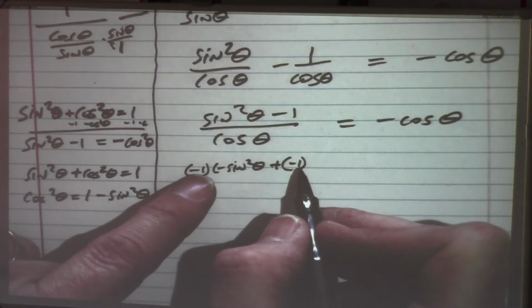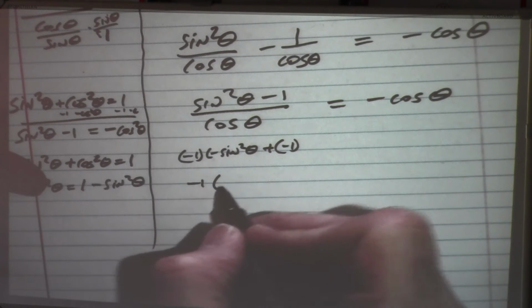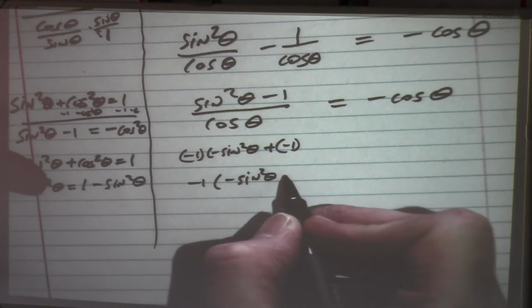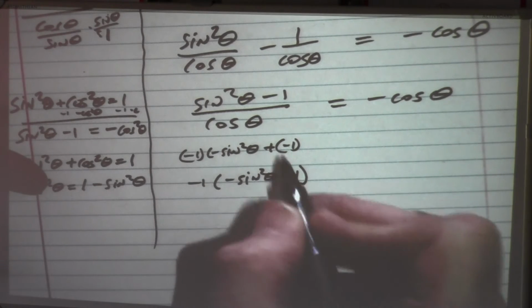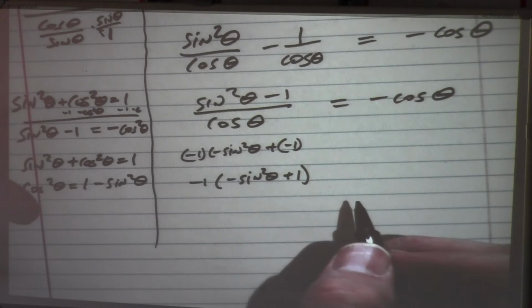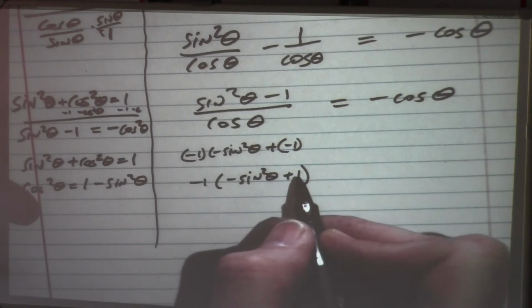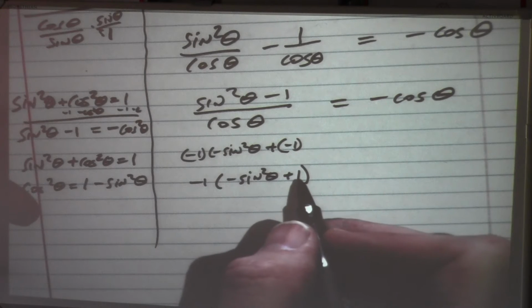But I now have a common factor of negative 1. So I'm going to take that out. And that gives me negative sine squared theta plus 1, because we're taking negative 1 from here, so the hidden 1 no longer is hidden. I don't like to write it with the negative first. Let's switch these around, because as long as I keep the negative in front of the sine, I'm good to go.